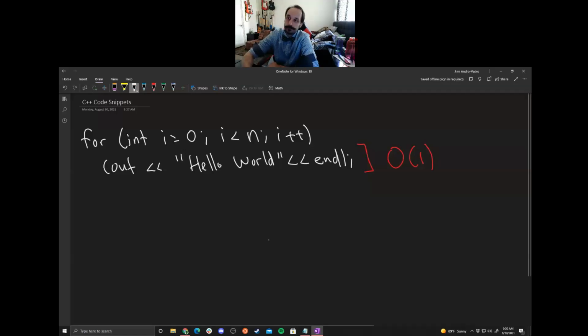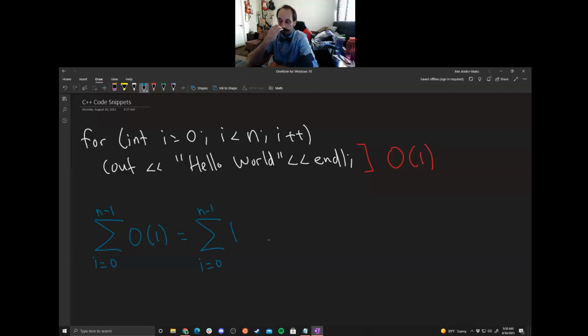So let's see what the number of steps is over here. We would have this summation, i equals 0 up to n minus 1, of O of 1. Yes, we have summations in this class also. We can substitute O of 1 with 1, because 1 is the simplest constant.